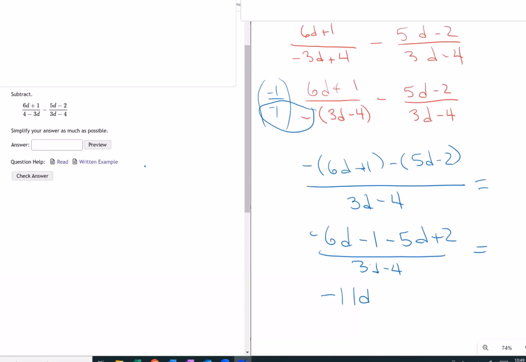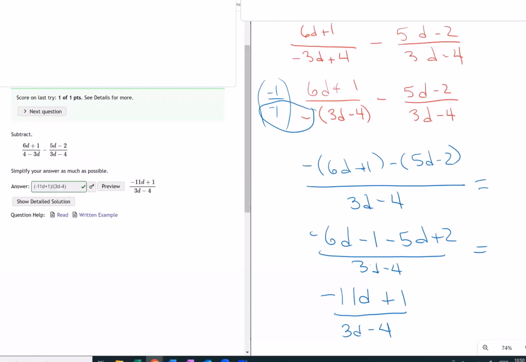Minus 1 plus 2 is plus 1 divided by 3d minus 4. Let's check our answer. All right, very good.